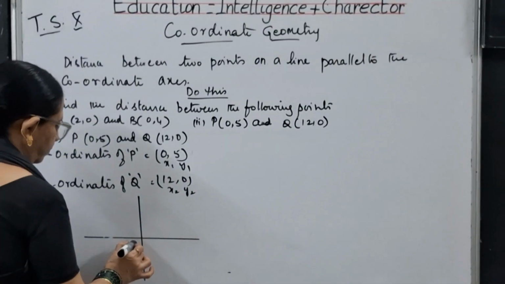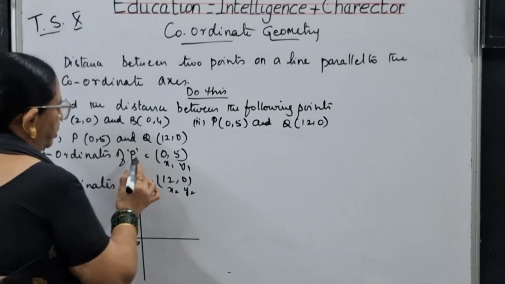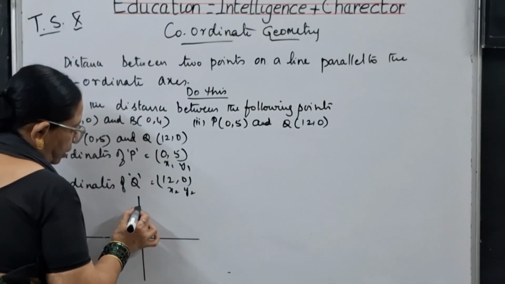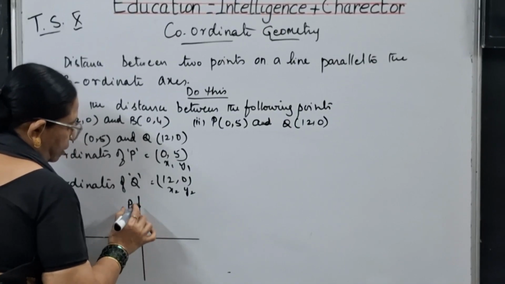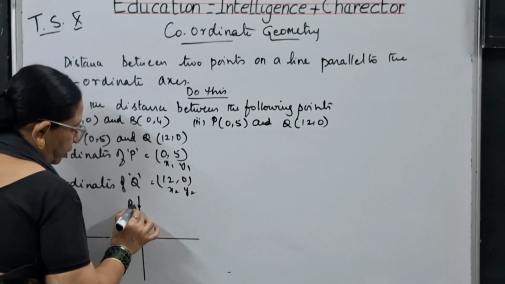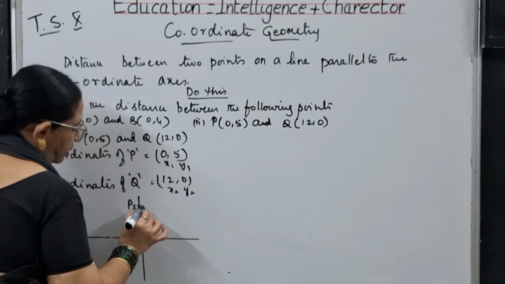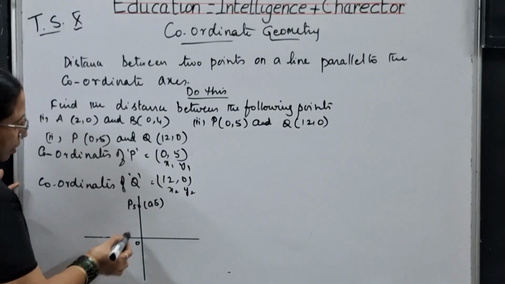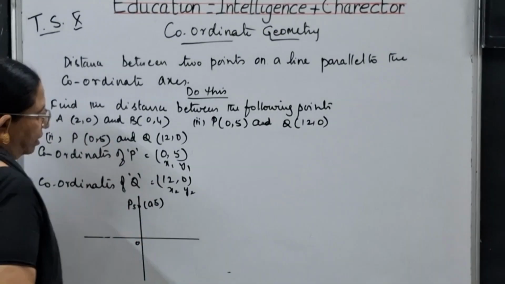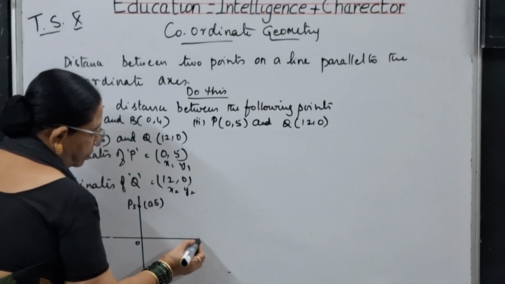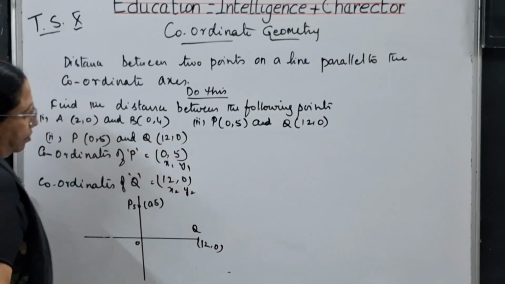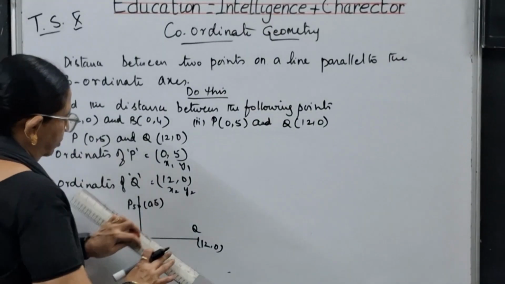This is 0. What is P, children? (0, 5) means somewhere here I am taking P. If it is 5 units, we will be calling it (0, 5), on the y-axis. And on the x-axis (12, 0). So let me consider this as (12, 0). That is Q. Point Q.